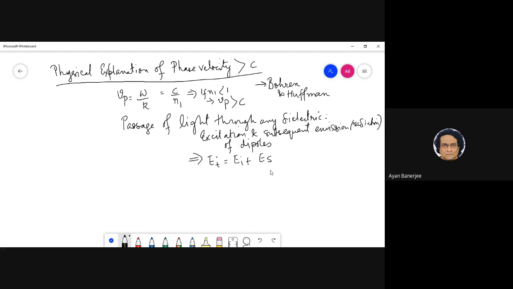And as I think I told Anirudh last class, what we find is that the scattered field is zero for all directions other than the forward direction.